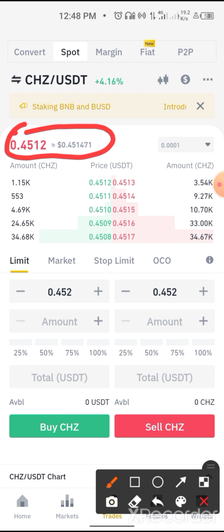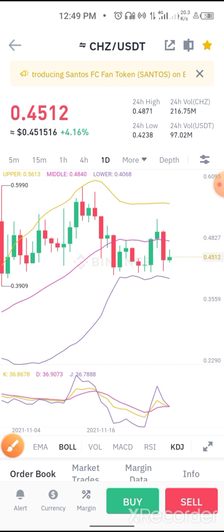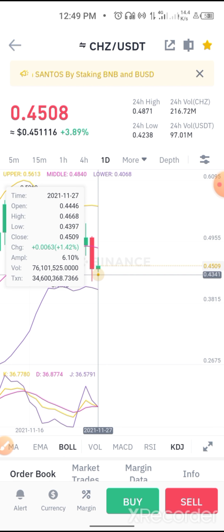But let's say, based on your technical analysis or a signal you received, you know it's going to drop from 0.45 to, let's say, 0.42.